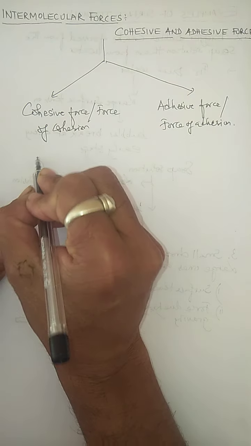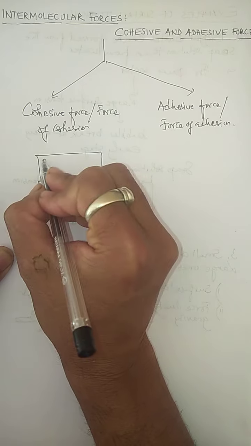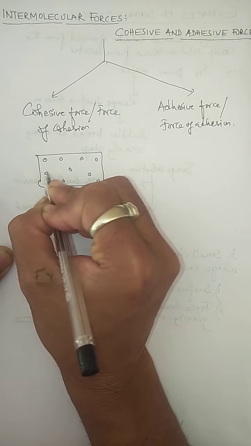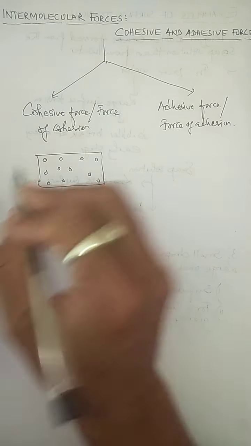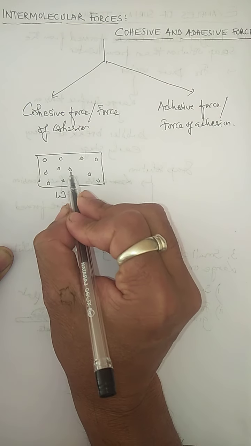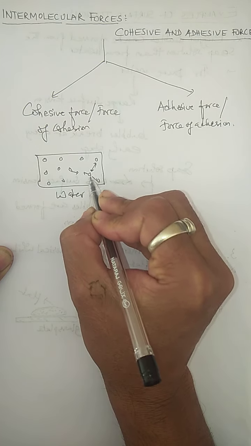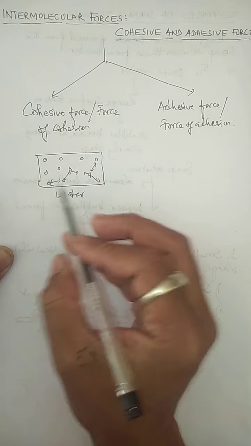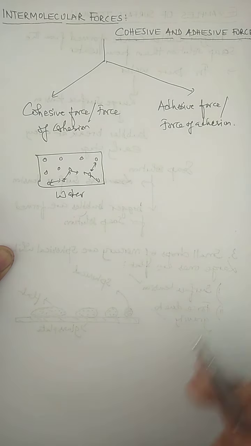Let me take the example of water. Suppose I consider this water, which is made up of a number of molecules. These are the molecules of water. So water as a substance, as a liquid, is composed of a number of molecules. Among the molecules there is a force of attraction. There is a force of attraction between the two molecules, and this force of attraction between the molecules of the same substance like water is called cohesive force.